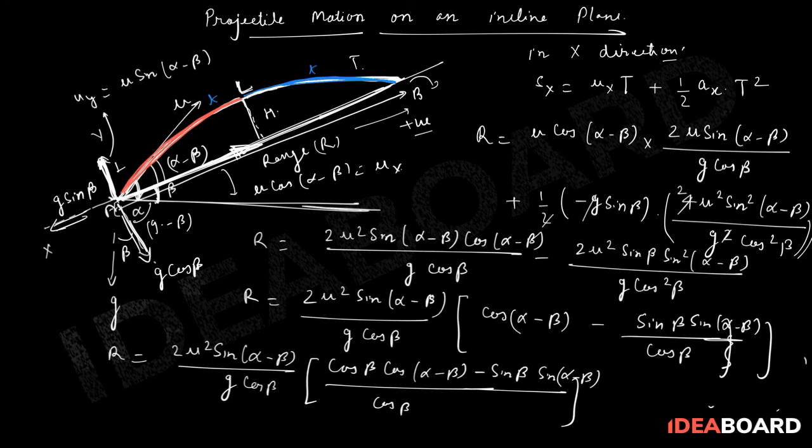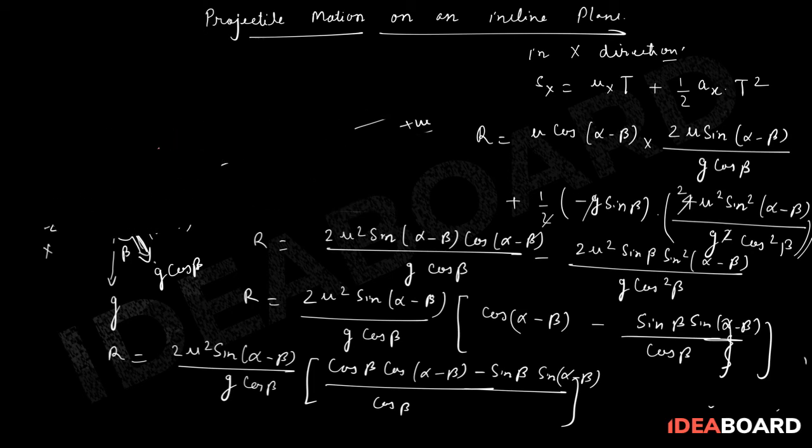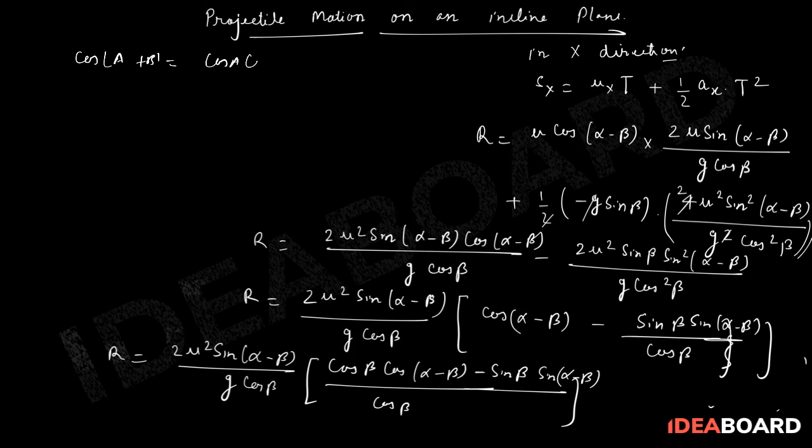Right, so now we can remove this diagram here, which we don't need anymore. I know that cos(a plus b) is cos a cos b minus sin a sin b only, right? This is true. So clearly you can match this thing. This is cos a cos b minus sin a sin b.